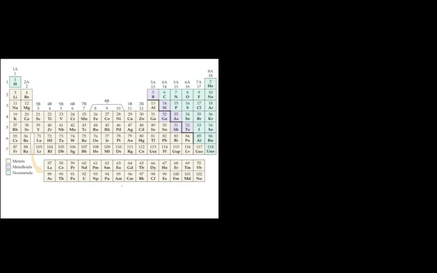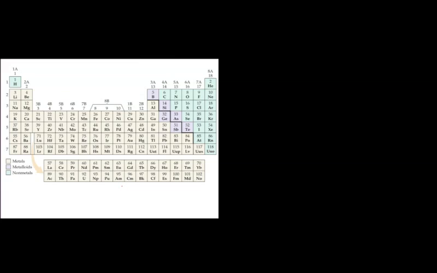Silver? Plus 1. Good job. We know all those, because we'll need to know those when we put together our ionic compounds. Because we can't put together the ionic compound correctly unless we know the charges. We're going to get to that.